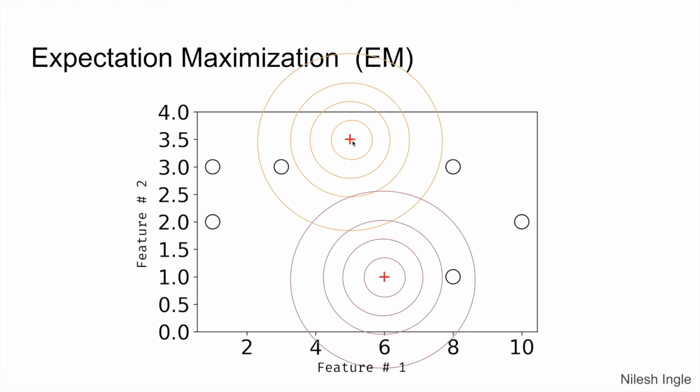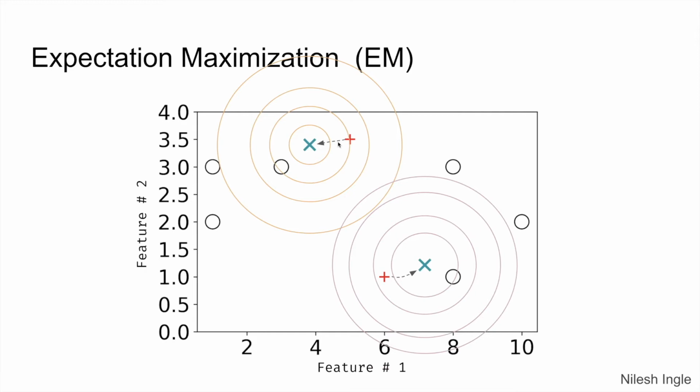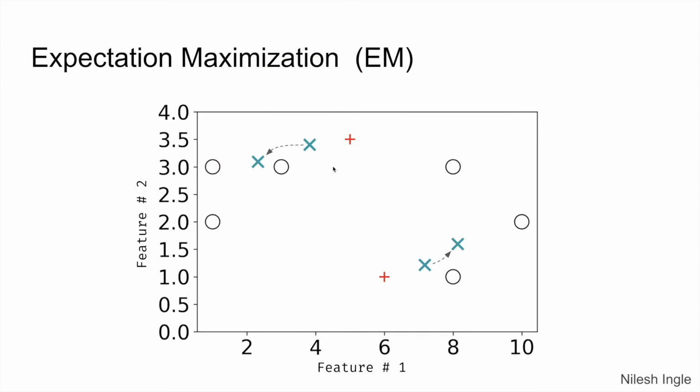To get there, because these points are farther away from these groups, the values would be lower. But as we move closer to these clusters, the value would increase, and finally when the solution converges, that is to say when the expected value reaches the maximum and does not increase further, we know that we have found the clusters.